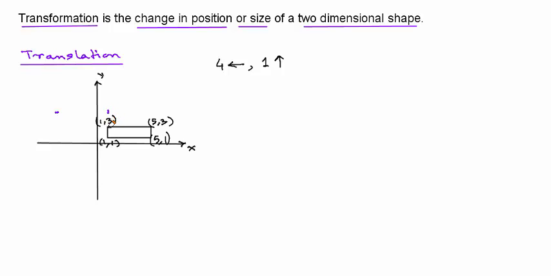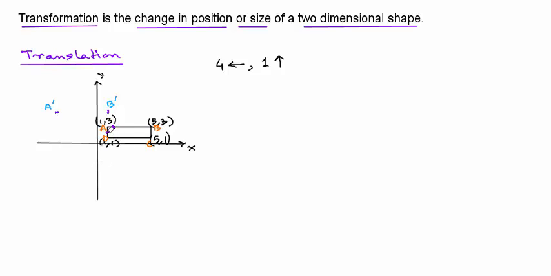So if I were to name these points as A, B, C, D, this is the new position of A, let's call it A prime. This is the new position of B, let's call it B prime. And then C moves on to 5 minus 4, which is 1, comma 1 plus 1, which is 2.